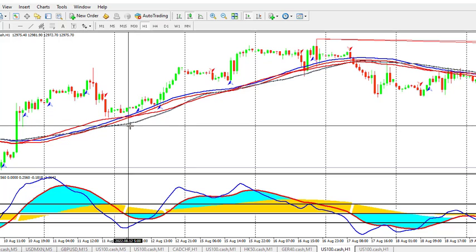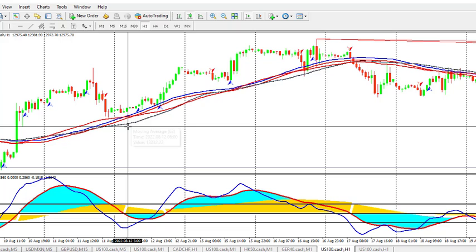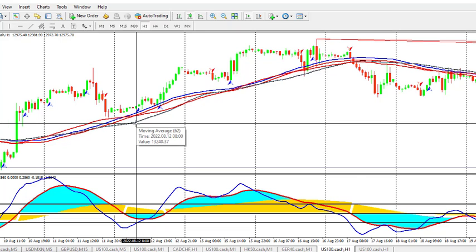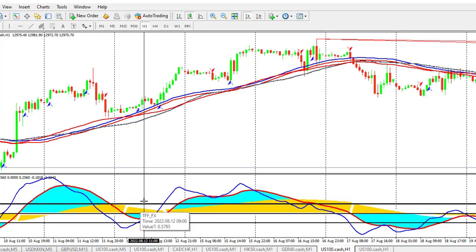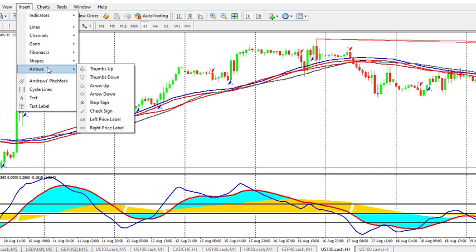But when you look at all the moving averages, the candle did not close below any of them, so the candle still remains above the moving averages. So this particular signal is invalid.